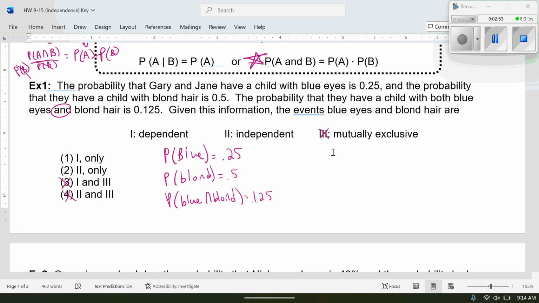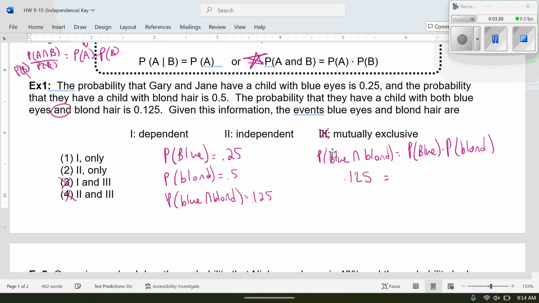That means I'm going to do the probability of blue and blonde hair equals the probability of blue times the probability of blonde. Now, the same thing holds true for this formula like the other one. If they are equal, they are independent. So we have blue and blonde is 0.125.